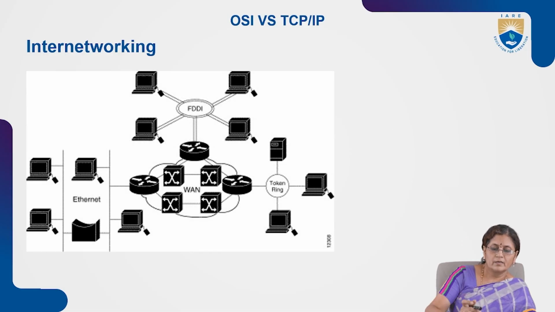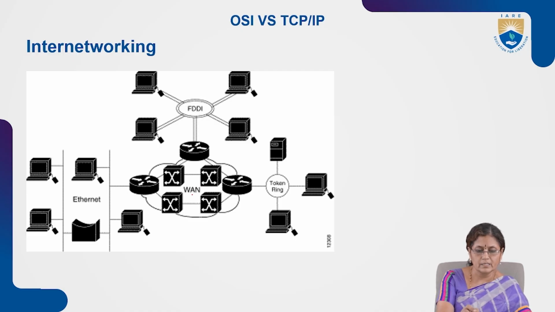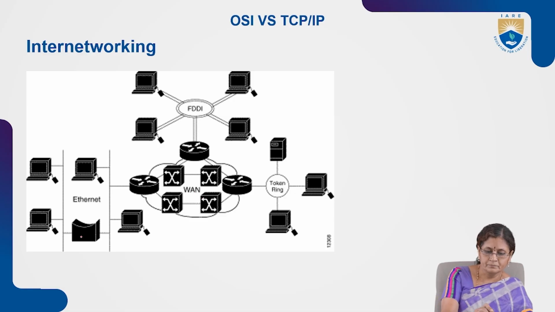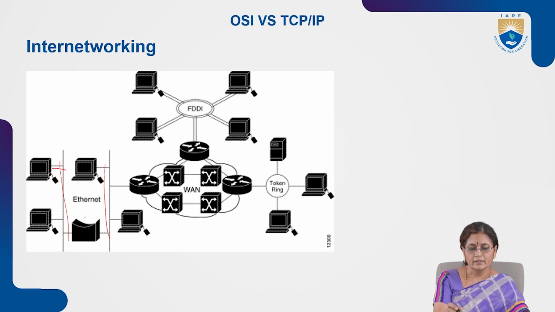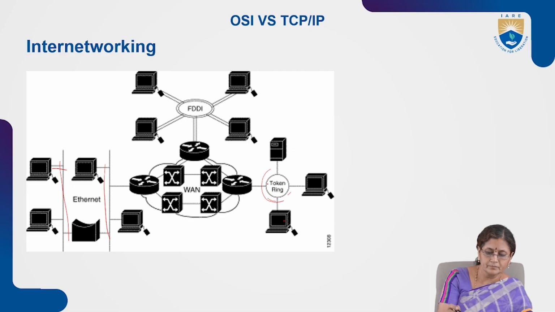This is a pictorial representation of an internetwork. WANs are connected with the help of these switches, through the Ethernet cable. So physical connections are available here, as you see, these are the lines given. Then there is token ring, as we have studied, where the topology is in a circular fashion, so all nodes are connected in a circular fashion through the switches.